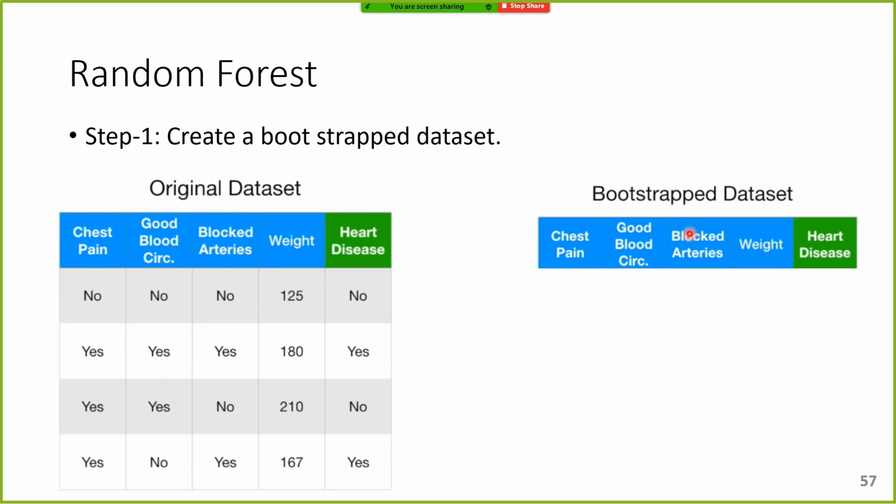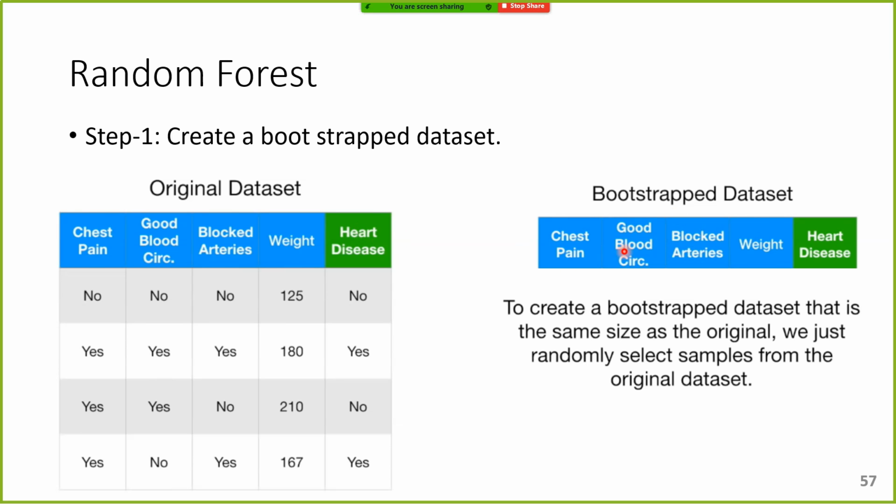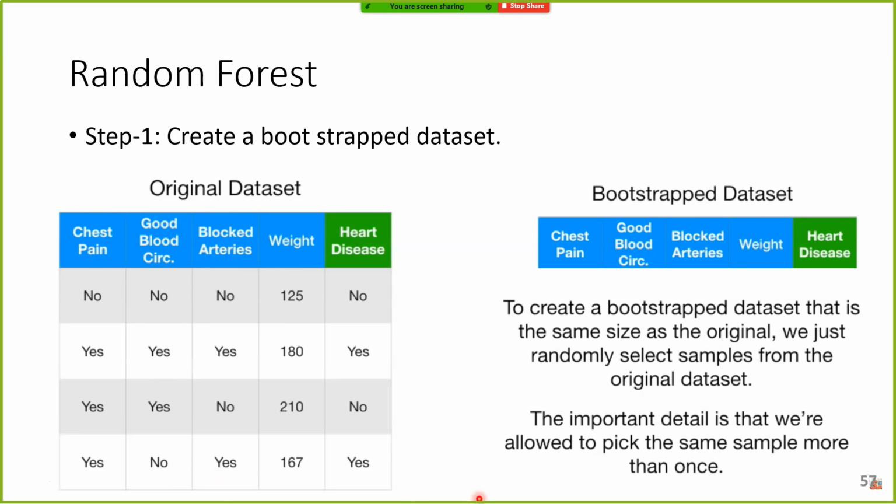To construct the bootstrap data set, we create one that is the same size as the original, and we just randomly select samples from the original data set. The important detail is that we are allowed to pick the same sample more than once.